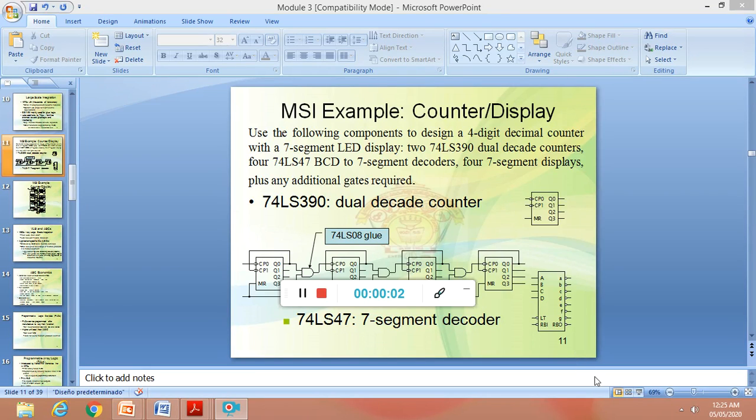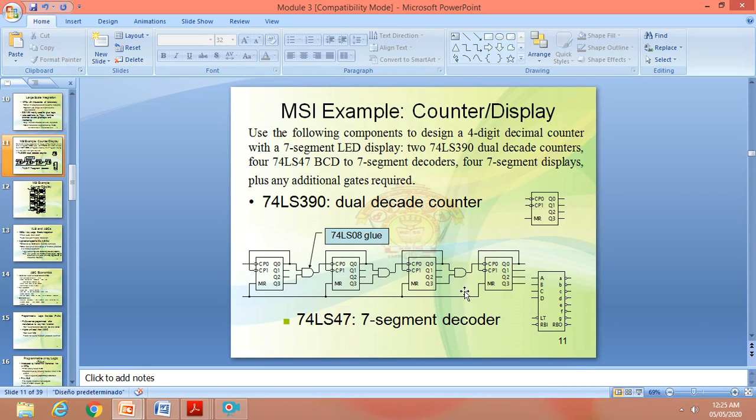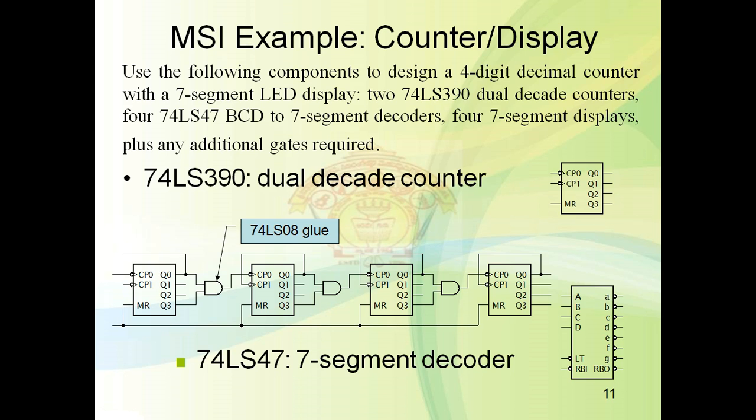Hello students, today we'll continue what we started in the previous lecture. In the previous video we discussed the IC manufacturing process and the different types of ICs, including small scale integration (SSI) technology and medium scale integration (MSI) technology.